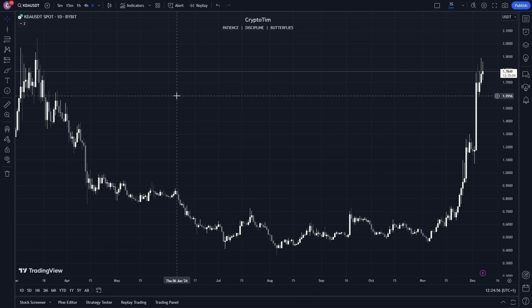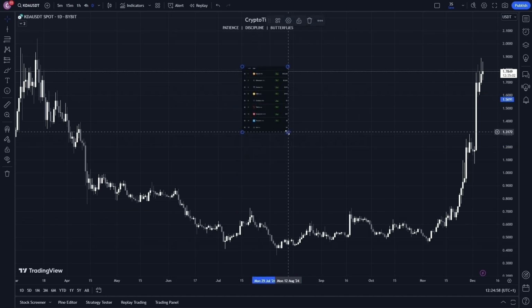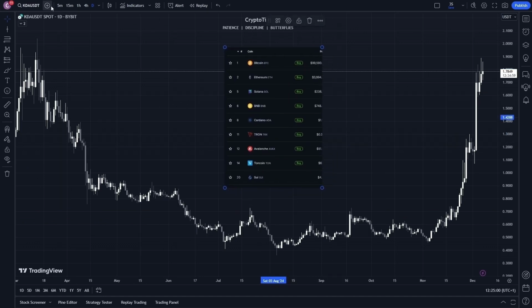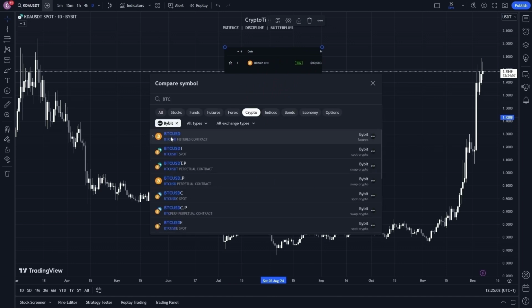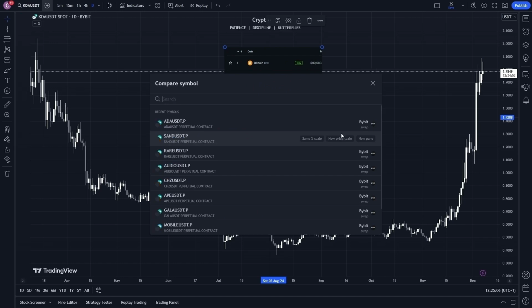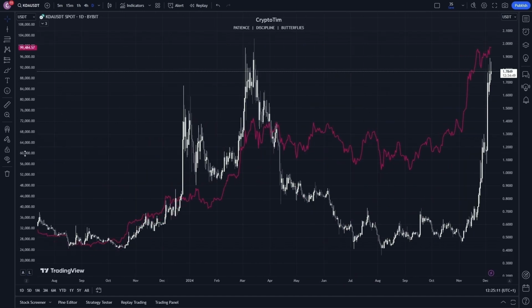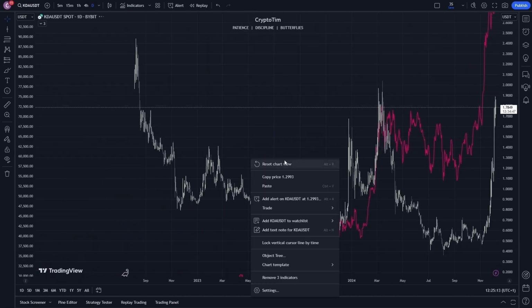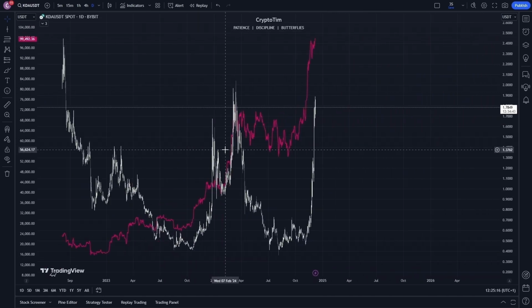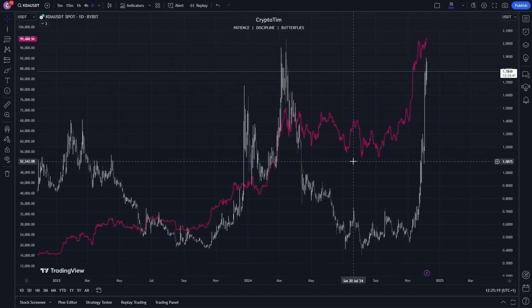We have Cadena. Let's put our screenshot back on here so we do it correctly, and now we do Bitcoin USDT on spot. We add it to a new price scale. Let's remove this one for a second. But you can see there's really not a lot of overlay between Bitcoin and Cadena.